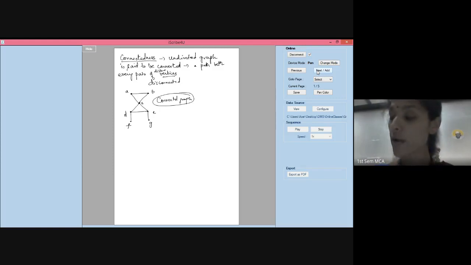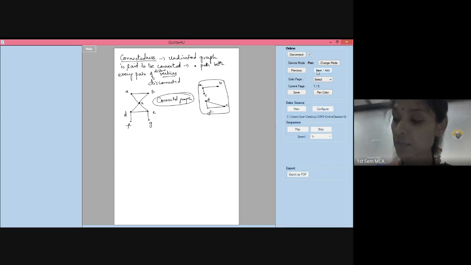Alright. Now suppose you have something like this. This is one component, and then I have something like this. This is a disconnected graph, because if I name this A, B and C, D, E, F, there is something missing, is it not?